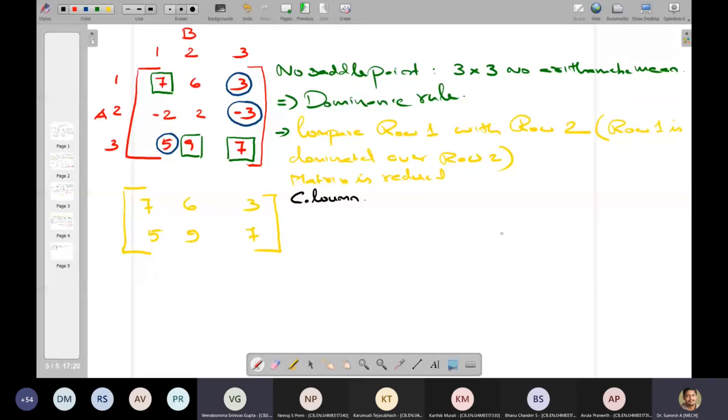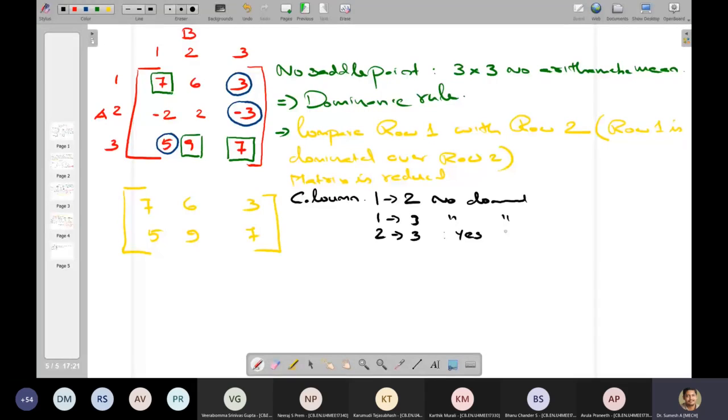So 1 to 2, no dominance; 1 to 3, also no dominance. Now between column 2 and 3, is there any? Yes, column 2 is dominated over column 3.